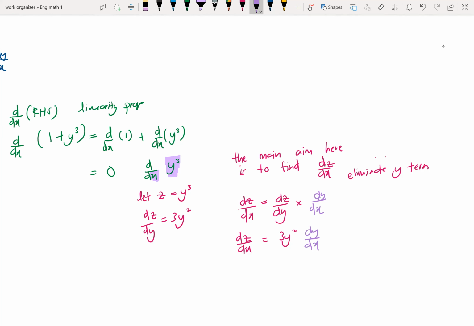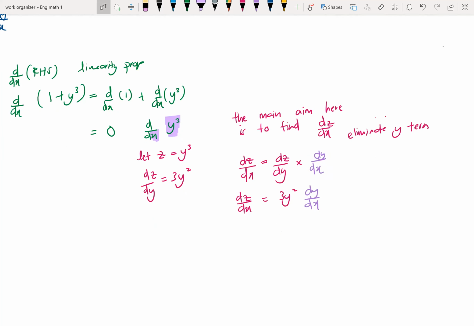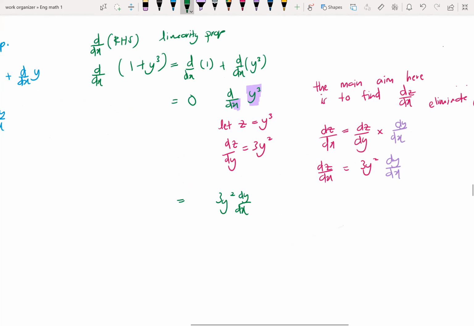So we write down here: this 0 is nothing, so it will be 3y squared dy over dx. This is for the right hand side.